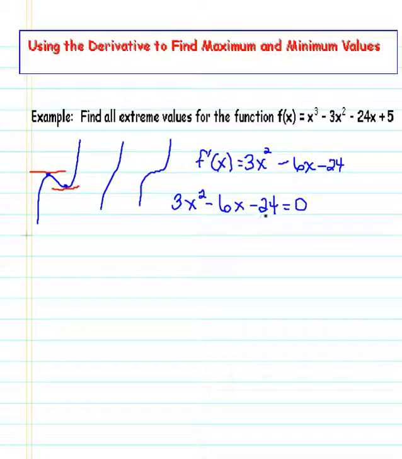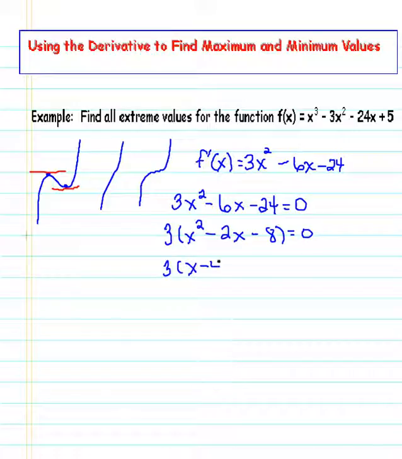Now I'm going to solve this, and because it's quadratic, I would solve it either by factoring or by quadratic formula. In this case, I'm going to attempt to factor, recognizing a 3 common to each of those terms. So I'm going to factor that 3 out, giving me x squared minus 2x minus 8. And I believe that is going to factor, so let's take care of that. That would be x minus 4, x plus 2.